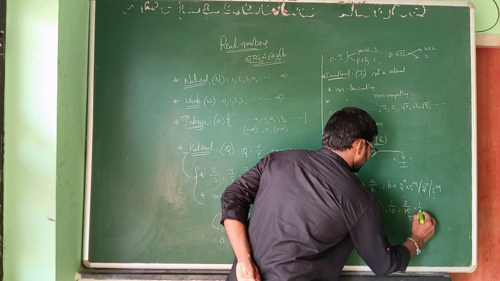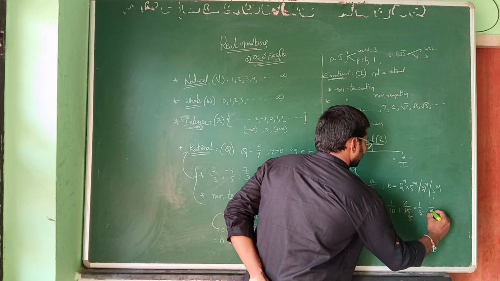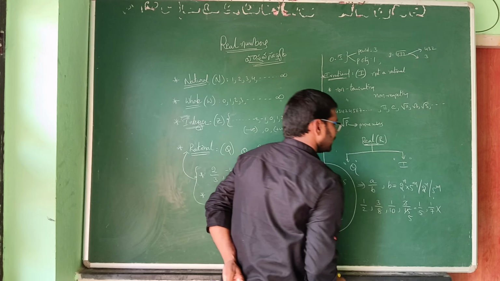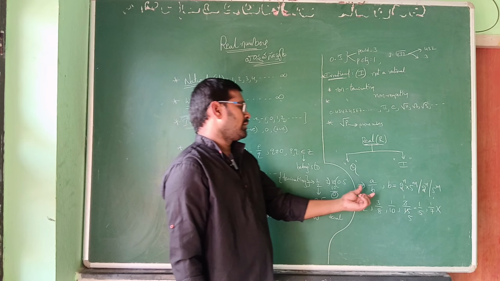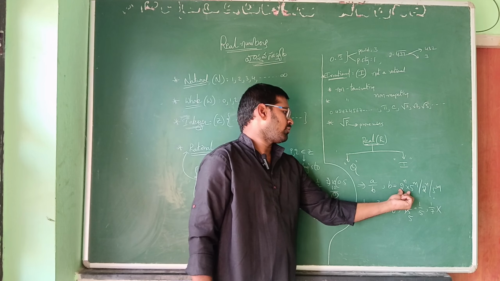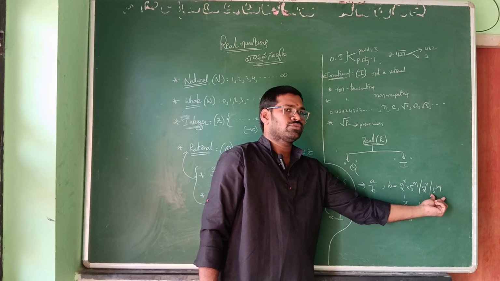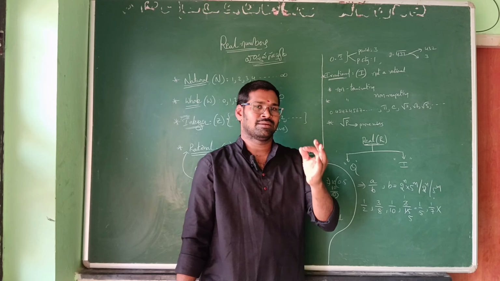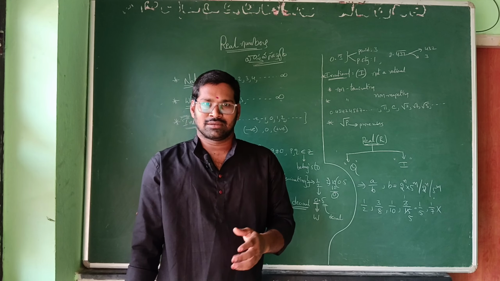They will ask examples like that. But 1 by 7 is non-terminating. When the denominator is in the form of 2 power n into 5 power m, or only 2 power n, or only 5 power m, it is terminating.